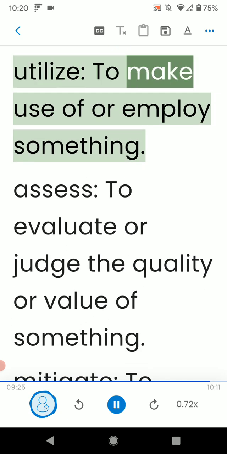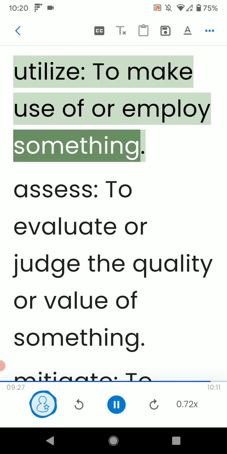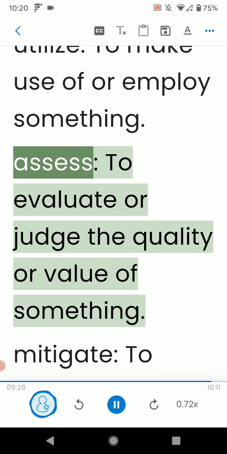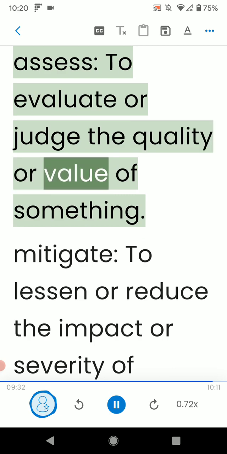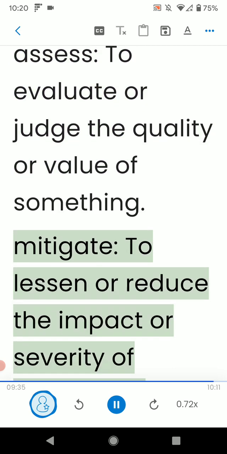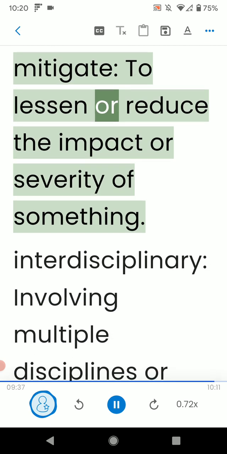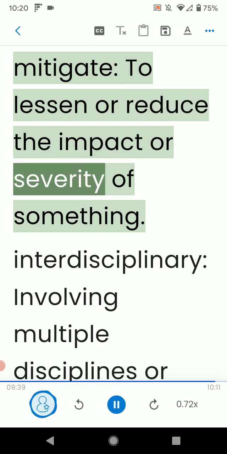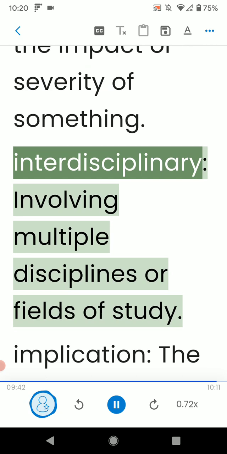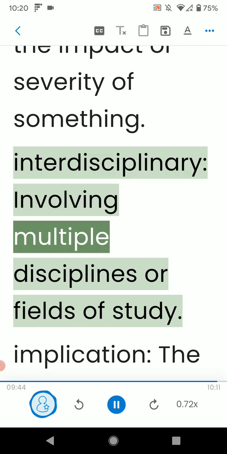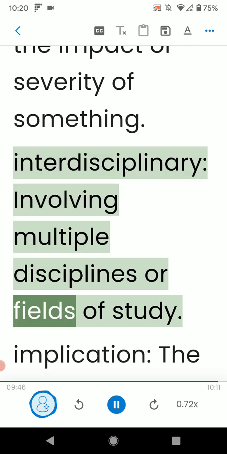Utilize, to make use of or employ something. Assess, to evaluate or judge the quality or value of something. Mitigate, to lessen or reduce the impact or severity of something. Interdisciplinary, involving multiple disciplines or fields of study.